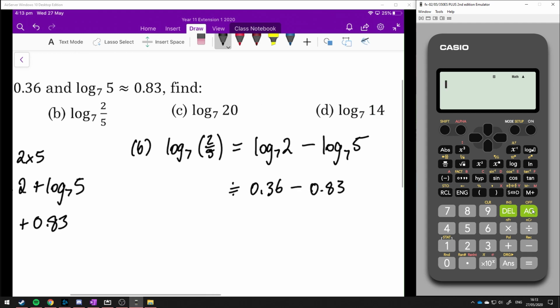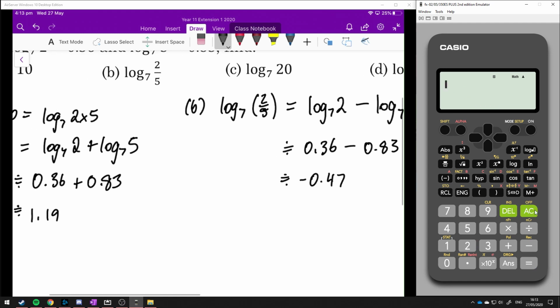Therefore log 7 of 2 on 5 is approximately equal to, I'm going to use the calculator for this one because I can't think right now, 0.36 minus 0.83, and that's approximately negative 47 on 100, so approximately negative 0.47. So if we put this in the calculator again, log 7 of 2 on 5, hit equals, there you go, it's approximately equal to that, which is awesome.